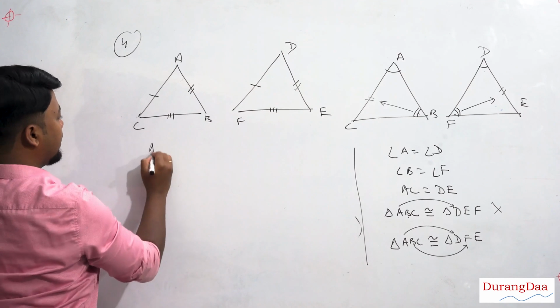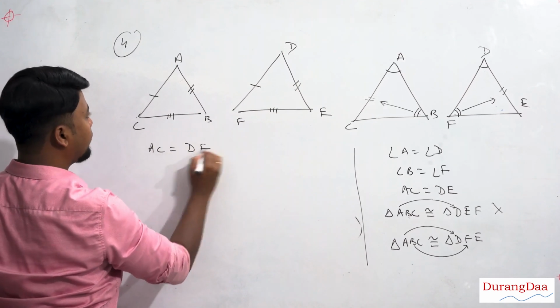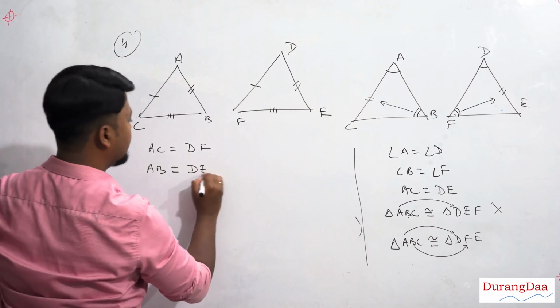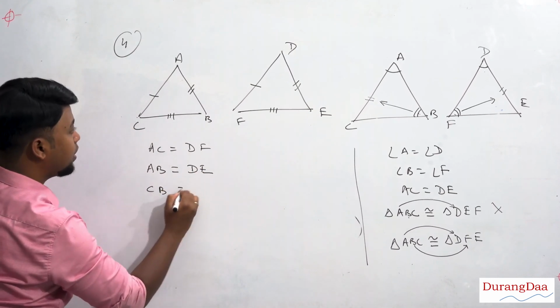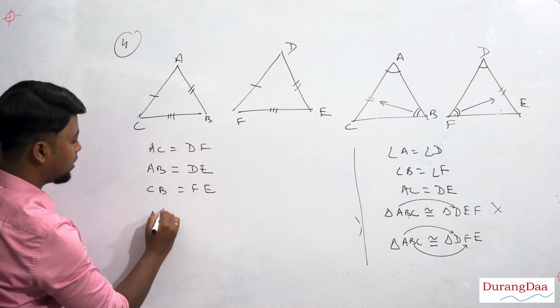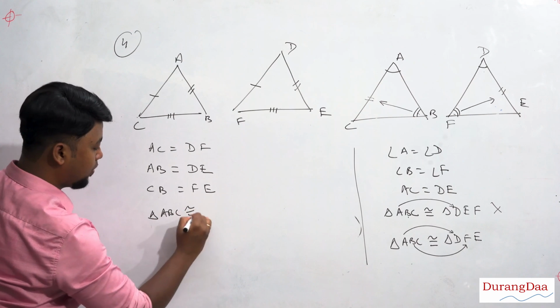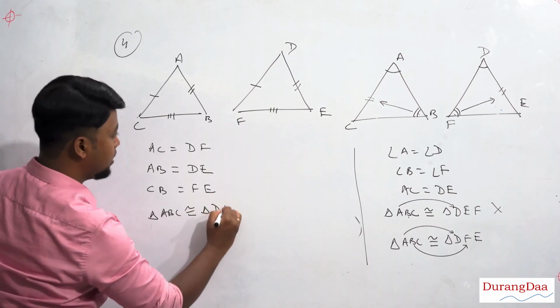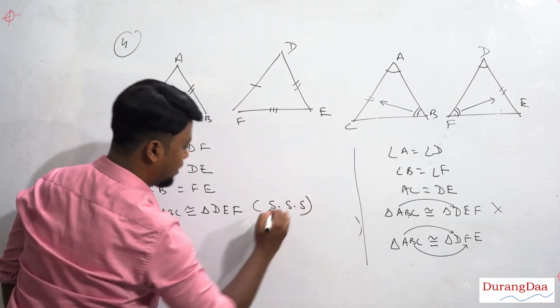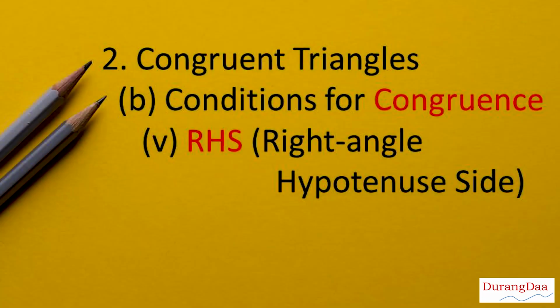Clearly AC equals DF, AB equals DE and CB equals FE. Alright, so we can just directly write triangle ABC is congruent to triangle DEF by side, side, side. So this one was very simple.